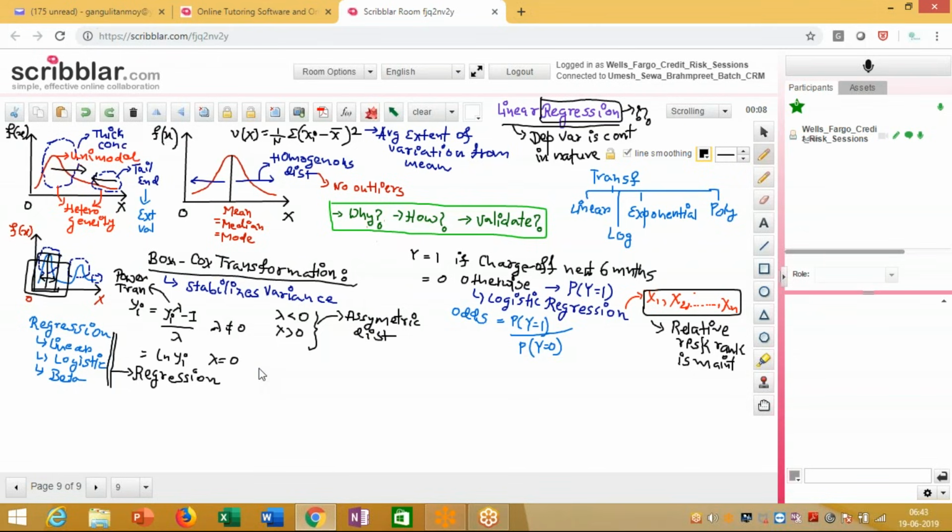There is linear, logistic, and beta. These are the different types of regression depending on the distribution of the dependent variable. But let's try to understand what exactly regression is as a modeling methodology. Why am I saying that I would use regression? What is it all about? Once we have an understanding of regression, we'll start talking about linear regression and logistic regression. Now, what regression does is, regression estimates causality.